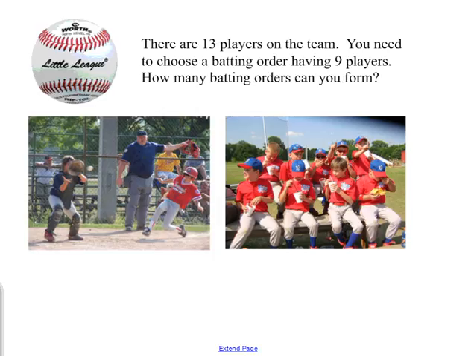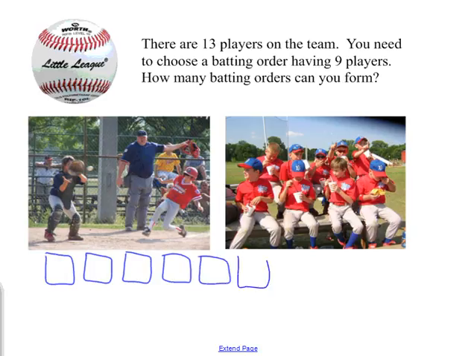There are 9 players in the batting order. So my 9 boxes represent the 9 spots in the batting order. We have 13 players on the team, so if I'm the coach, I can choose any of those 13 players to bat first.